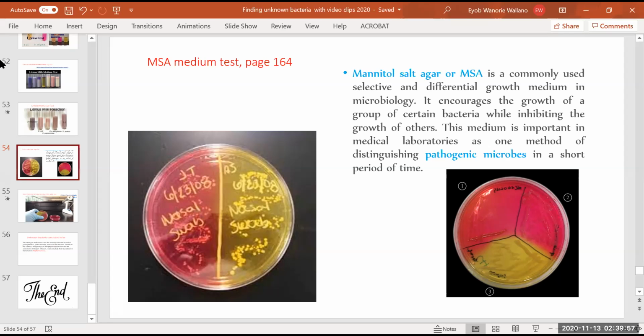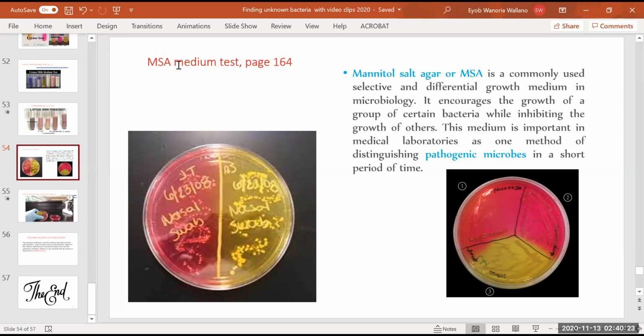You are going to have MSA media, meaning mannitol salt agar media. Mannitol salt agar means there is salt in that media. In the laboratory we prepare agar media with different concentrations and then pass the bacteria.